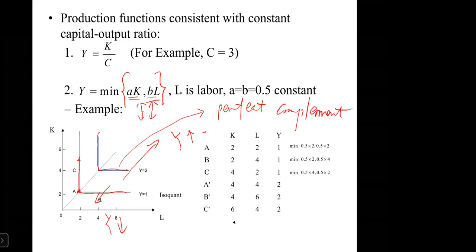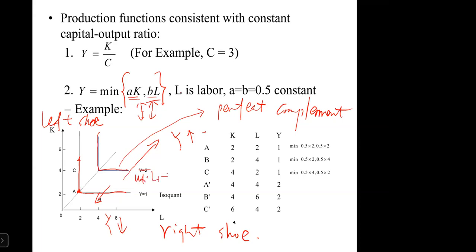Think about your utility from, let's say for example, replace this with right-hand side shoes. This is your left-hand side shoes. And instead of Y, this is your utility. Okay, and your utility is going to depend on the least amount of shoes you have.